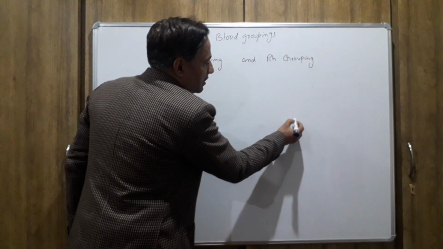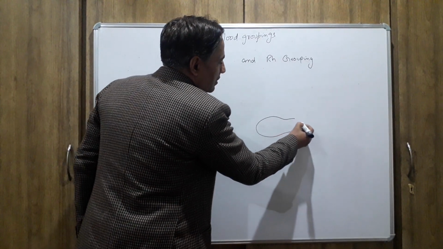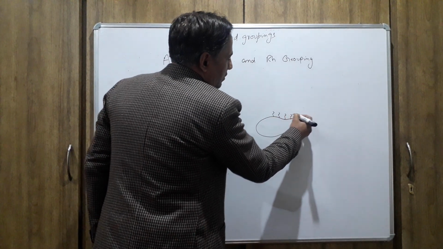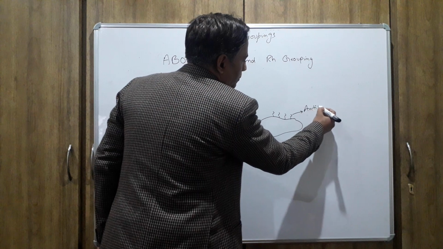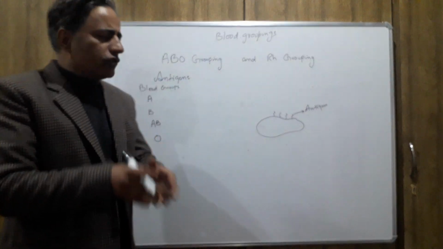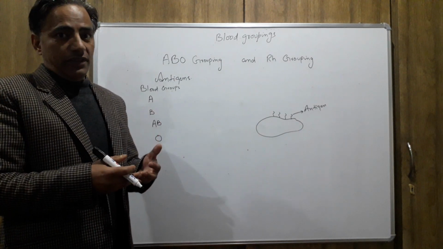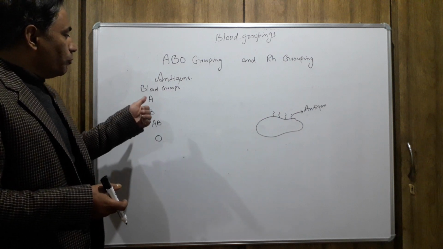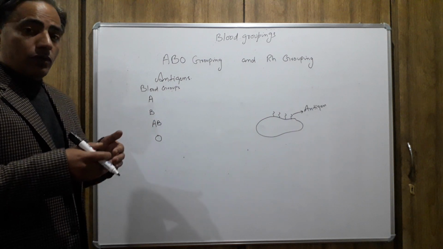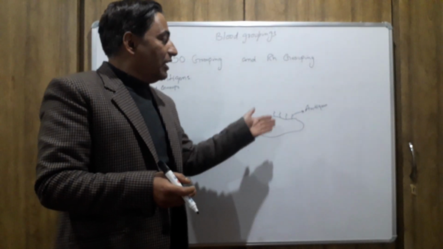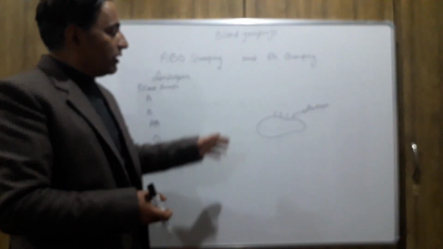For example, if this is an RBC, these are the antigens, and there may be hundreds of thousands of such antigens present on the surface of a single RBC. So in persons who have blood group A, the RBCs contain antigen A on their surfaces.